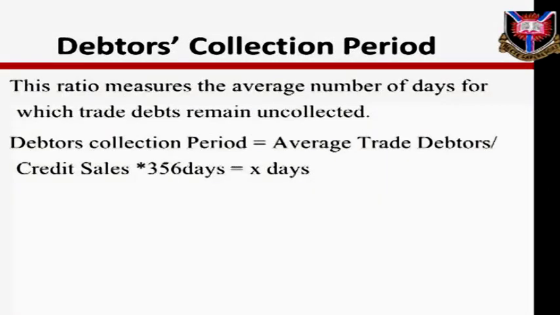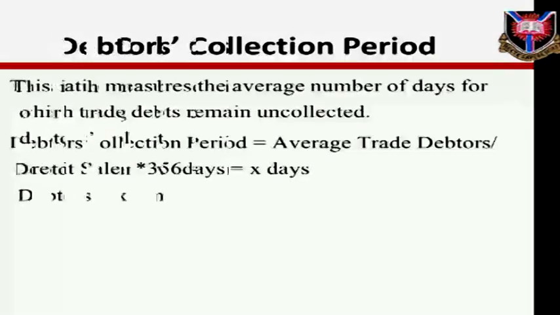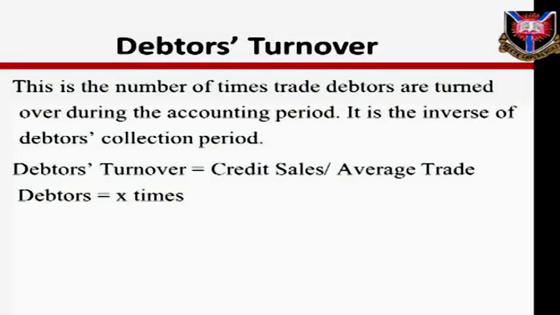Debtors collection period. This ratio measures the average number of days for which trade debt remains uncollected. Debtors collection period equals average trade debtors over credit sales times 365 days. Debtors turnover.